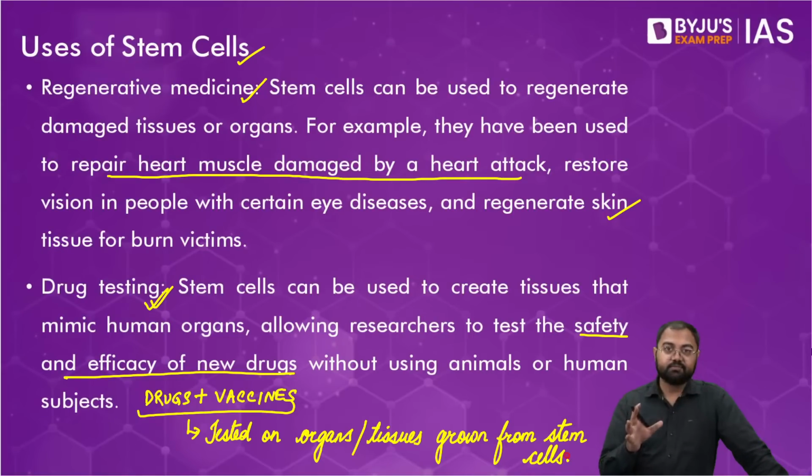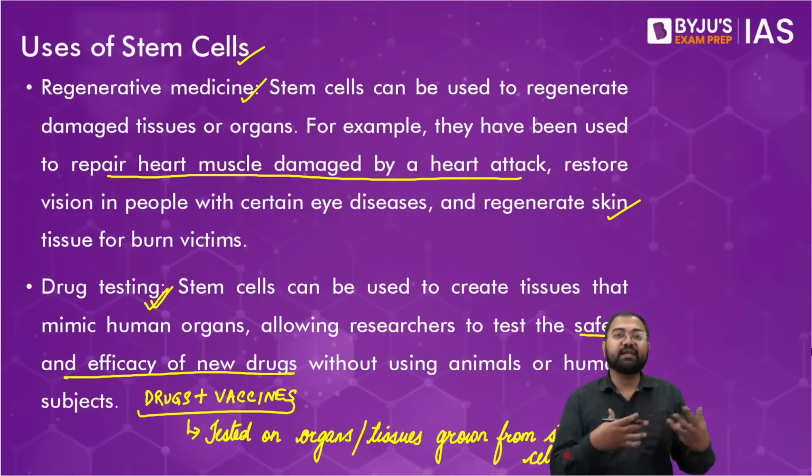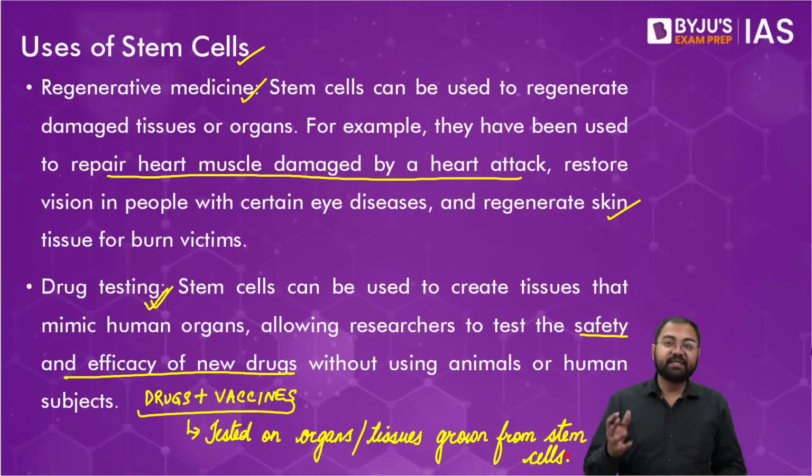Let's say there is a new vaccine that is supposed to work on the lungs of a person. In that case, instead of testing on a person, which can have a lot of side effects, and in some cases can even lead to death, instead of taking that risk, we'll try to grow organs like lungs, or grow the tissues near the lungs, and then do all the tests there and see what's happening.